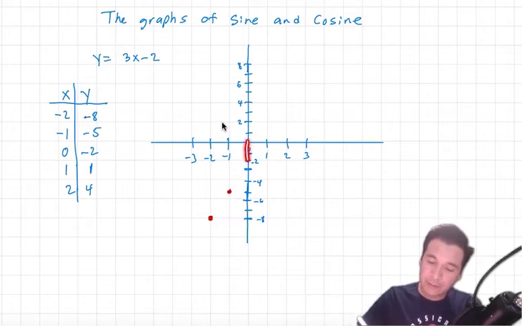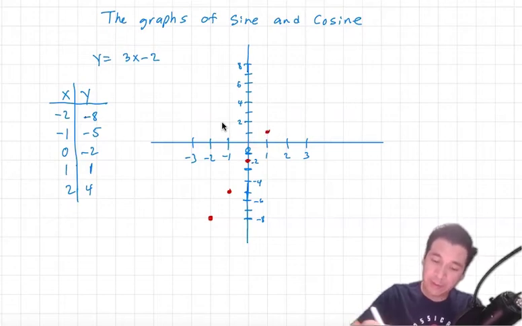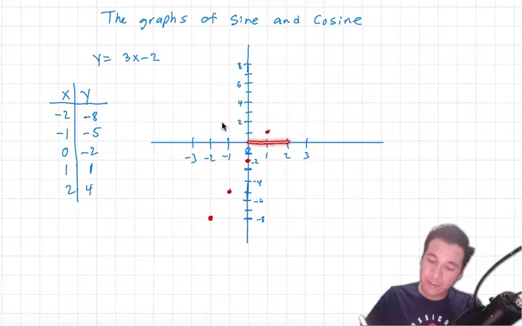So 0, -2 right here. 1, 1. So right 1, up 1. And then the last point is 2, 4. So right 2, up 4.